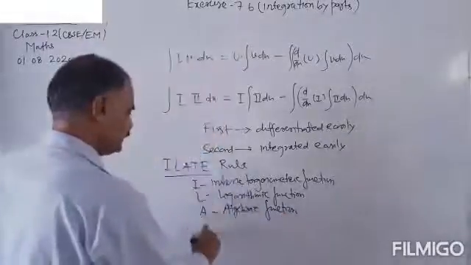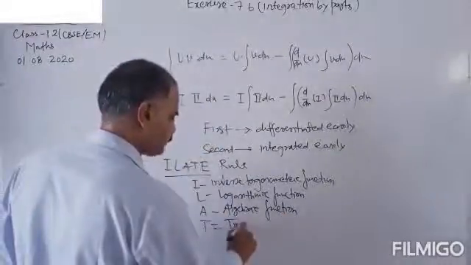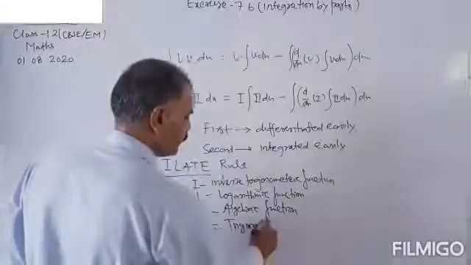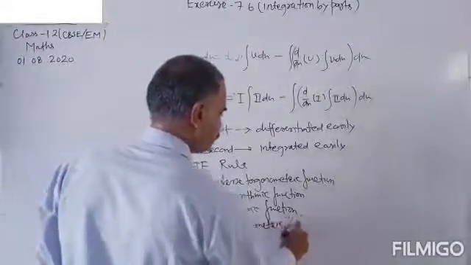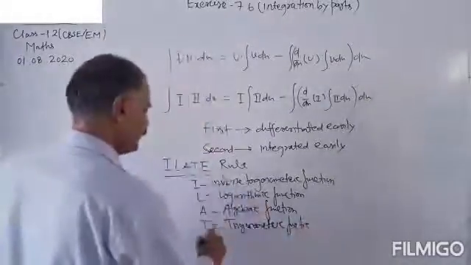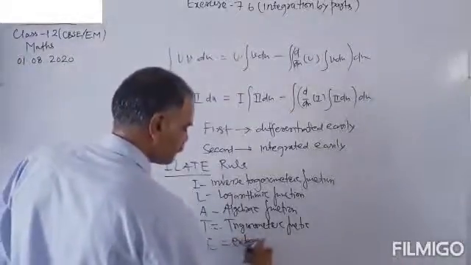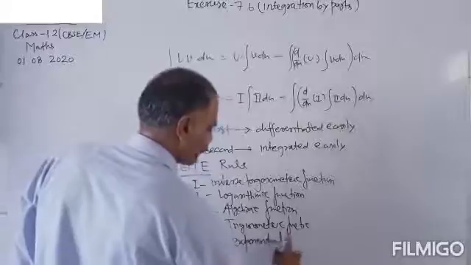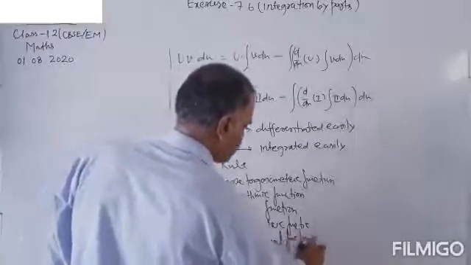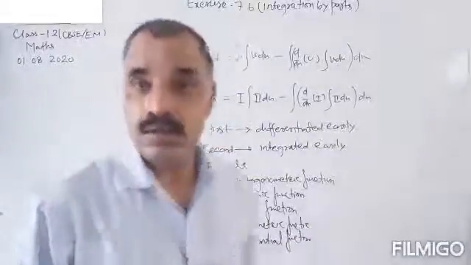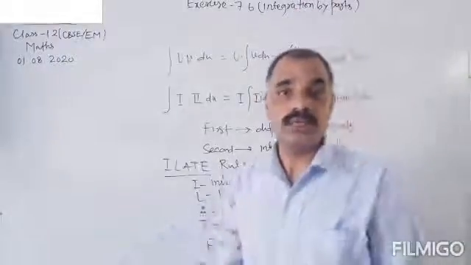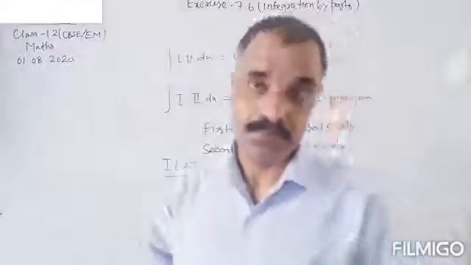T stands for trigonometric function, and E stands for exponential function. So this is the unofficial trick or rule to select the first function and the second function.